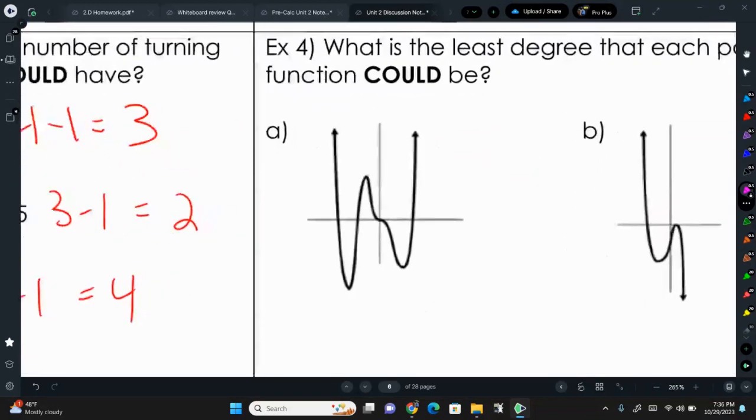So one of the easy ways would be to count the x-intercepts. 1, 2, 3, 4. Okay, so you may think 4, but then you need to check end behavior. 4 is even, so the ends have to be going in the same direction. Both ends are going up, so the degree has to be even, and we have 4 zeros. So the least possible degree is 4.